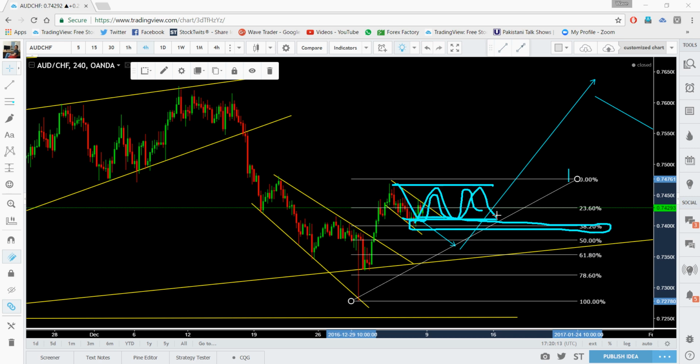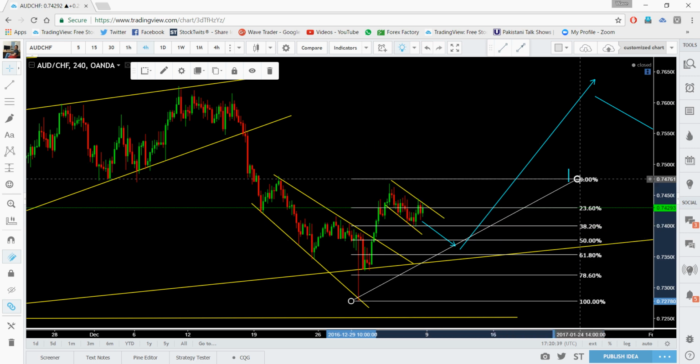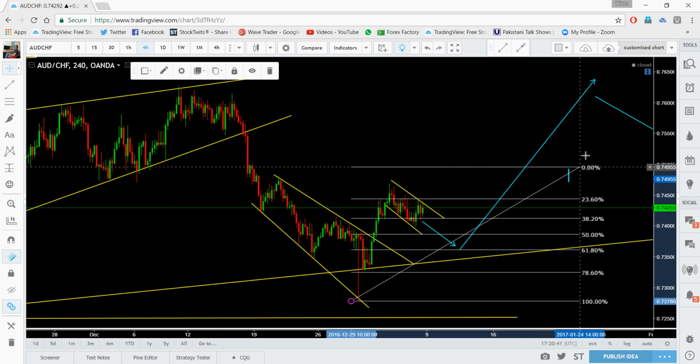If price forms a flat channel, then the retracement of your previous trend is going to be different than if price forms a flag. So identification of the pattern is important rather than using these lines.